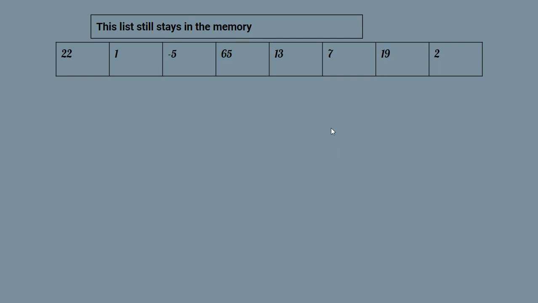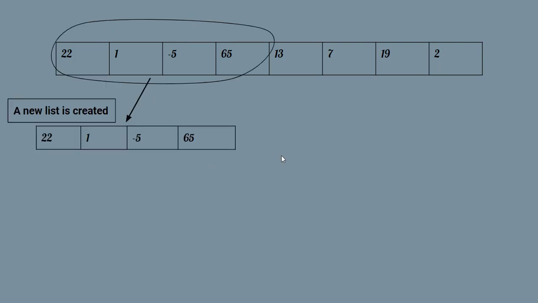And upon dividing it, the lists that are being created will still stay in the memory. Then let's say we'll only work on one half at a time so that we can properly understand what goes on behind merge sorting.